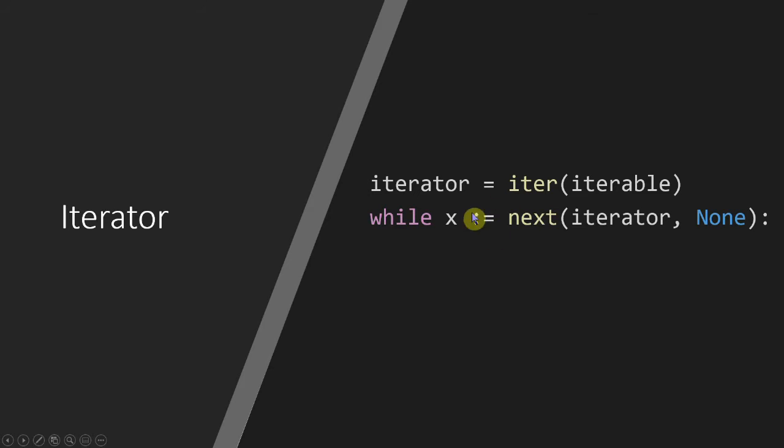And then this fancy equal sign is saying set x to the value of this, so the next thing in the iterator or nothing. However, if the thing you're setting it to is false, or anything really, then return that. So this just says while the iterator has something that comes next, then you do something with your x value.